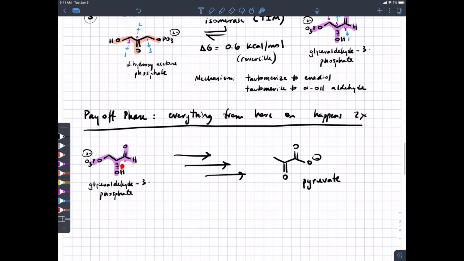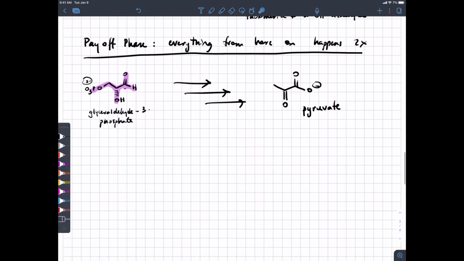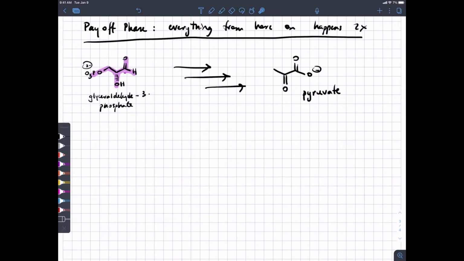So the changes over here almost look like we're going to do an oxidation and reduction reaction in the same molecule. And it turns out we'll be able to make those changes without using any oxidizing agents. It'll be proton transfers and moving some stuff around. Okay, so look in the next few steps about how we're going to get to high energy intermediates that can then either make NADH or ATP.